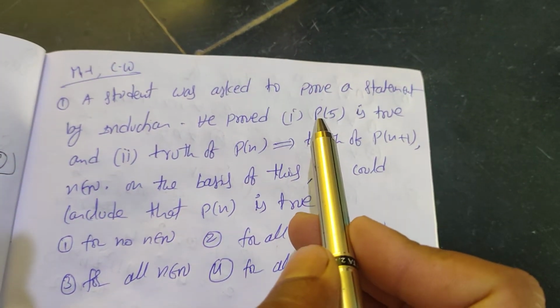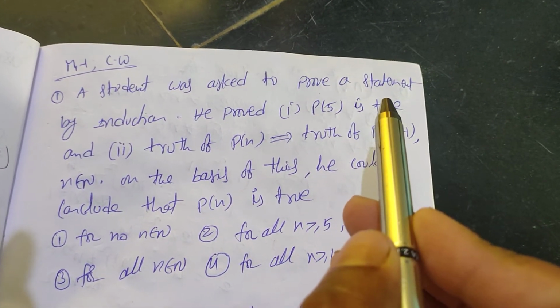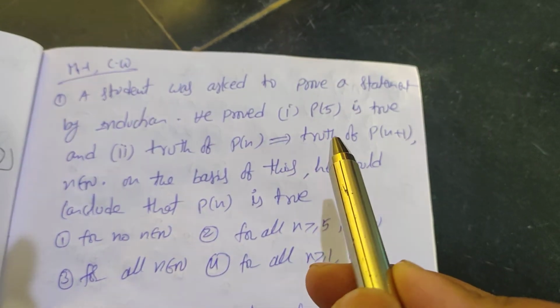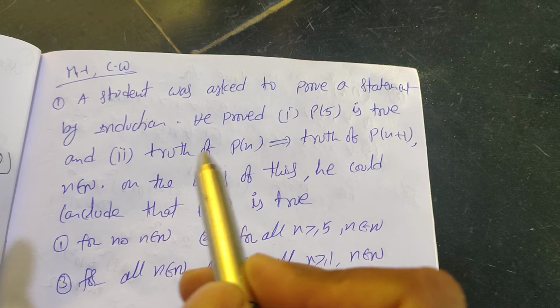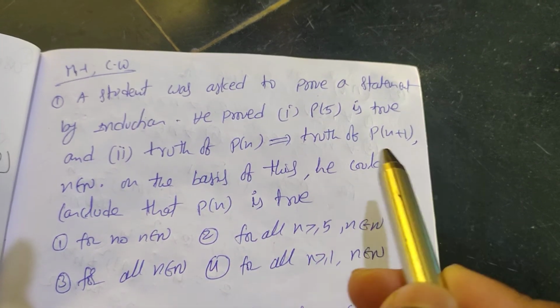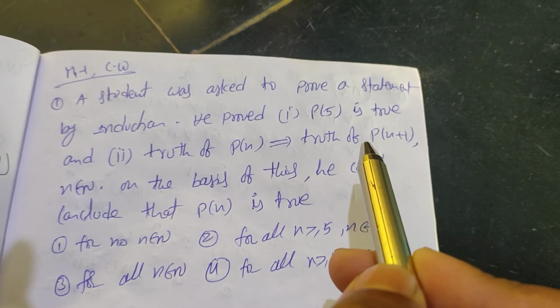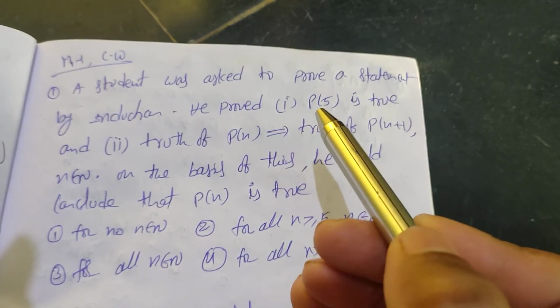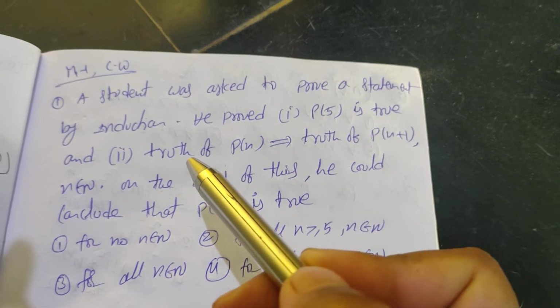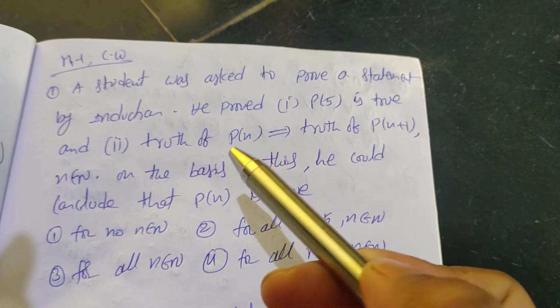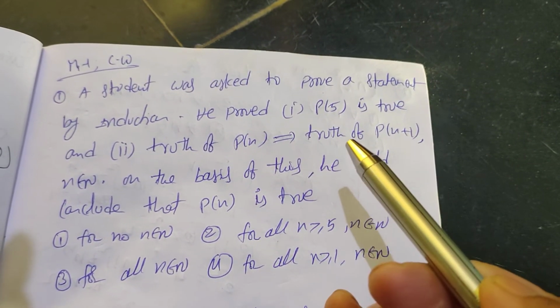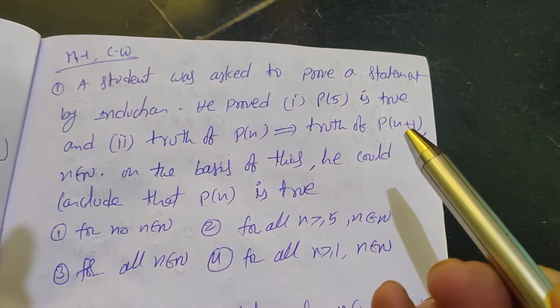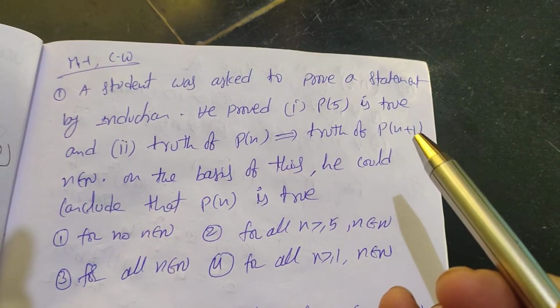He proved P(5) is true, and the truth of P(n) implies the truth of P(n+1), so his assumption is P(n) and he proved P(n+1). In general, we prove P(1) is true and the truth of P(k), or P(n) or P(m), whatever it may be, implies the truth of P(n+1).